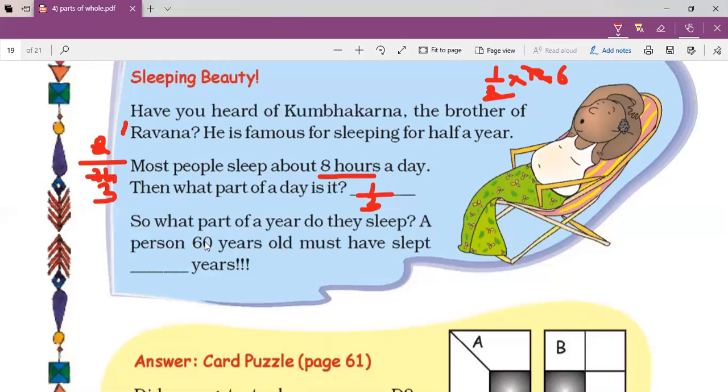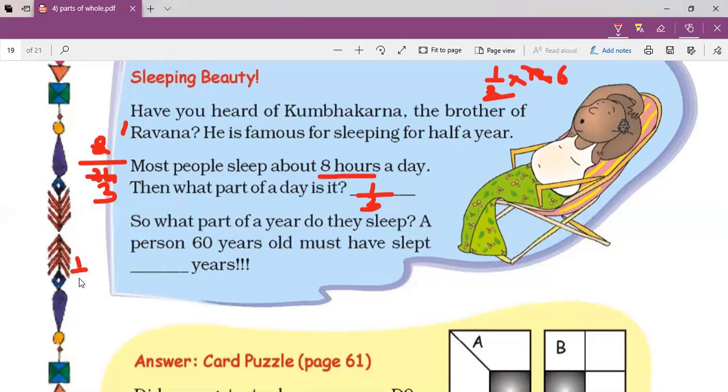Now a 60-year-old person must have slept a dash years. How many years was he going to sleep? If we consider he was sleeping 8 hours a day, and his age is 60 years, how many years was he sleeping?